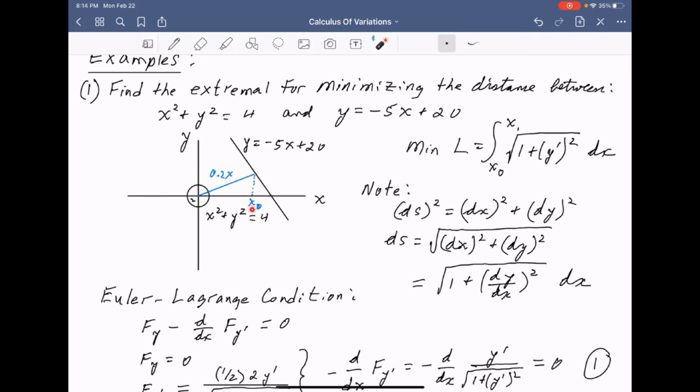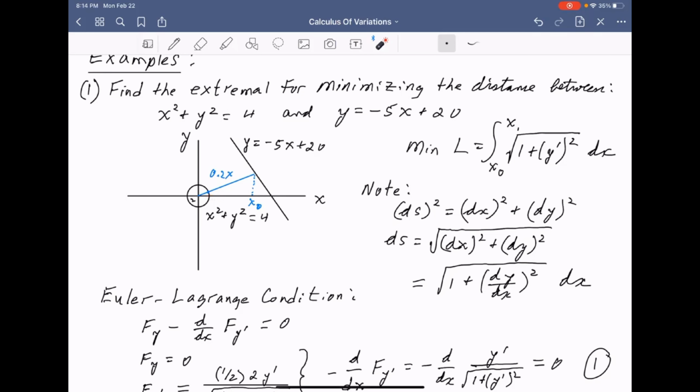This point here is our starting value, so we're going in this direction. This is our starting value of x0, and this is our ending value on the circle. It turns out that number is going to be 1.96. Remember, the radius is 2, so we're just inside that.